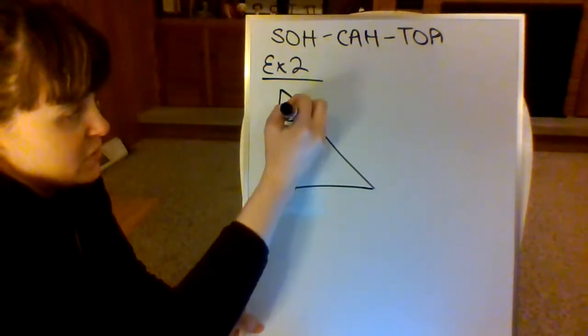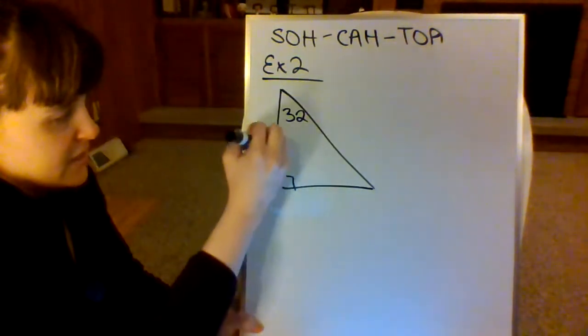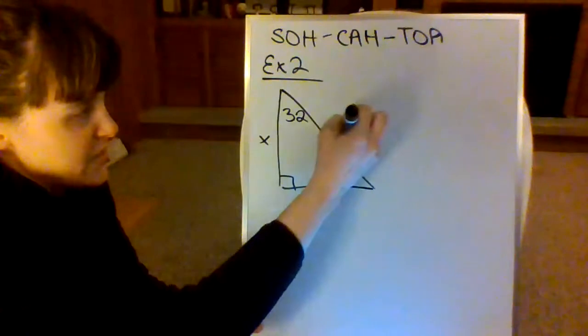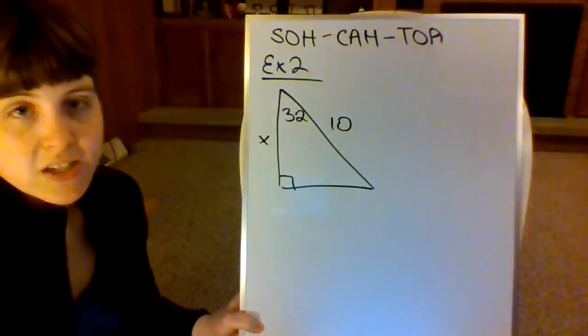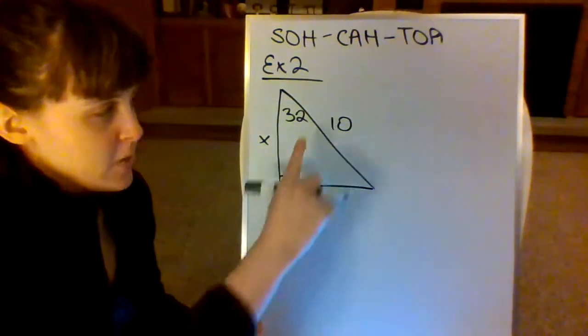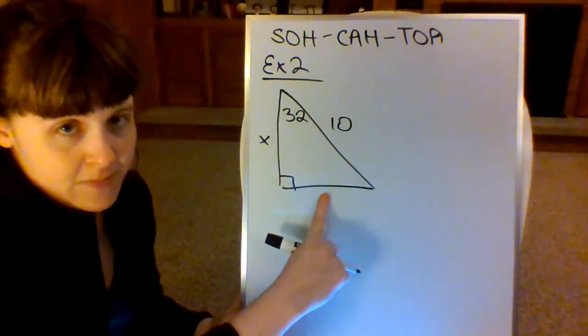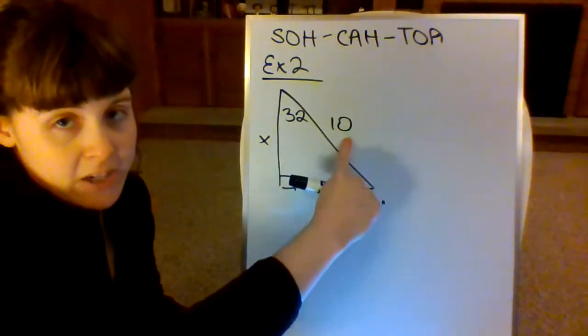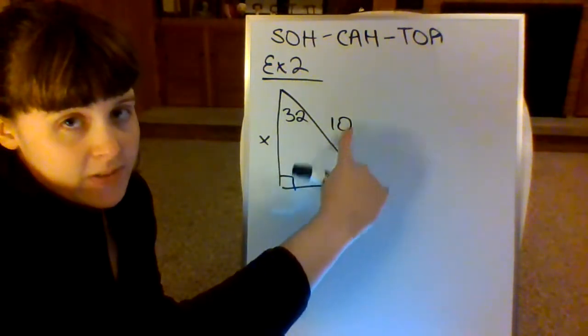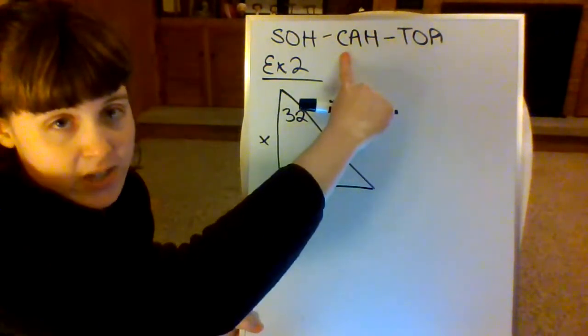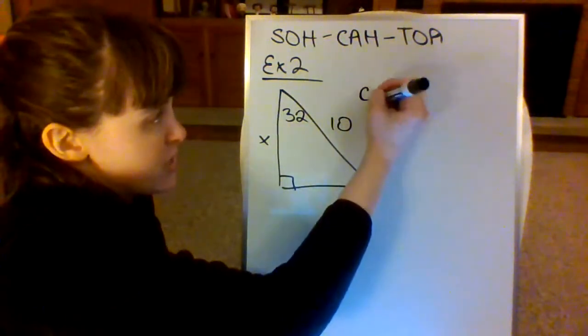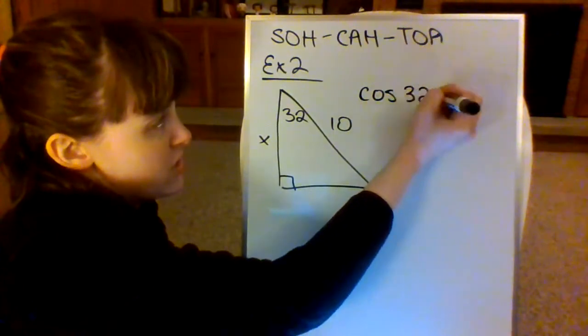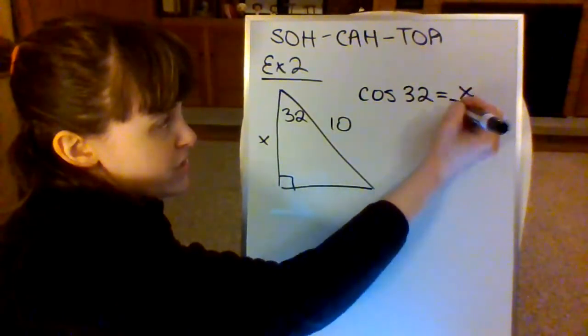So 32 is the angle they gave us, this side is x, and this side is 10. So if we're looking at this triangle, we don't have the opposite side. We have adjacent and hypotenuse. So adjacent and hypotenuse is cosine. So we would do cosine 32 equals x over 10.